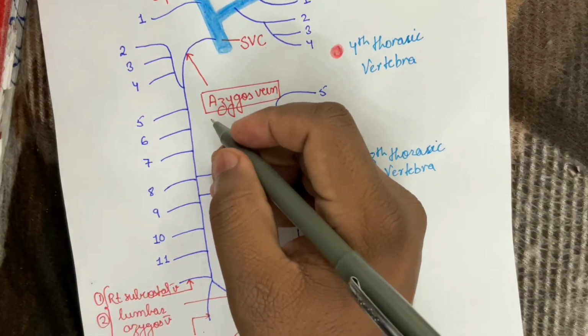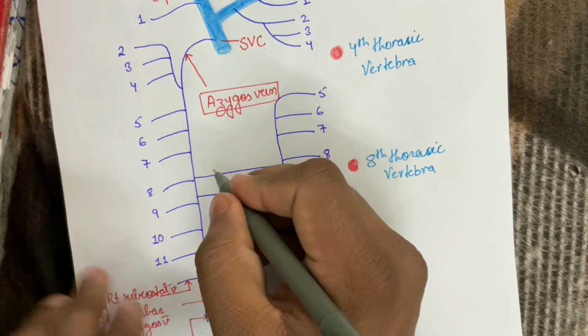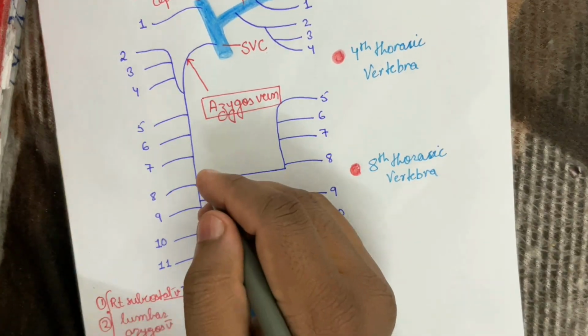Tributaries of the azygos vein. The first tributary is the right superior intercostal vein.